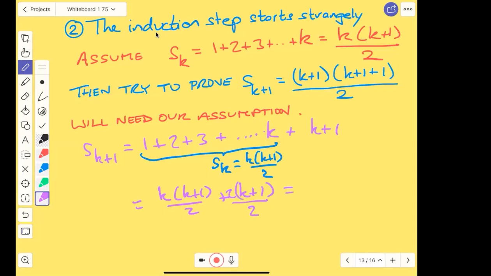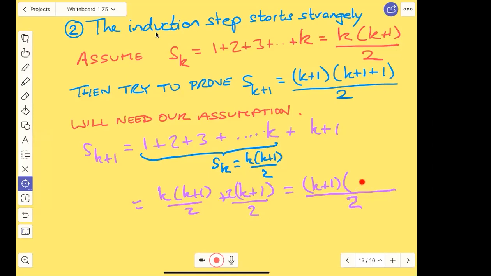And then I see that I've got here a common factor of k plus 1 when I put them on a common denominator of 2. So I'll pull out k plus 1 as my common factor. And then from this term, we've got a k. And then we're adding this term, and here we've got a plus 2. And that, excuse me, that is exactly what we wanted to prove.